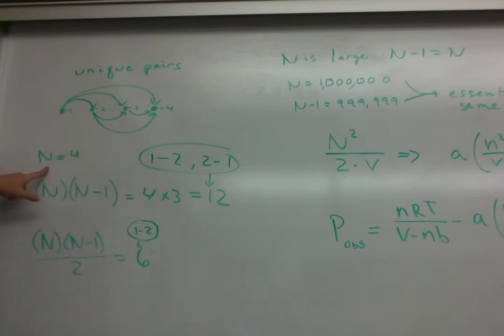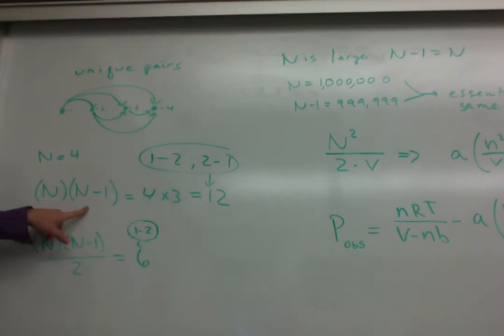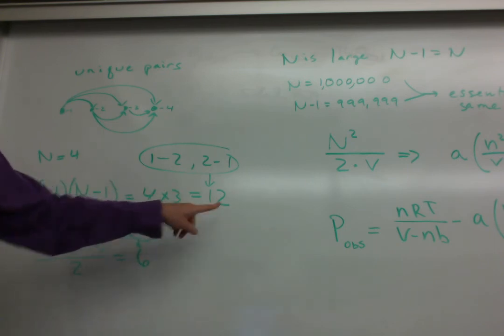That's the number of particles available. Well, we're going to get combinations of n times n minus 1. Obviously, it cannot pair up with itself, but it can pair up with other particles. That's going to be 4 times 3. That means that we have 12 possible combinations.